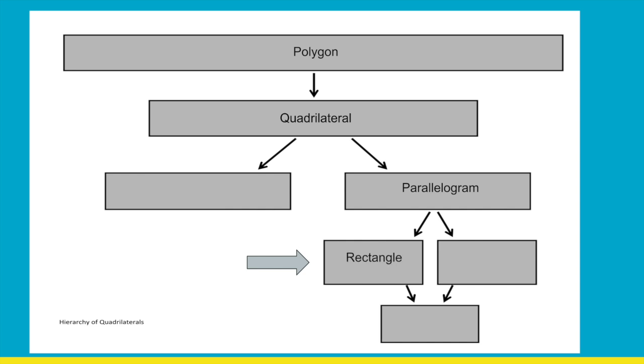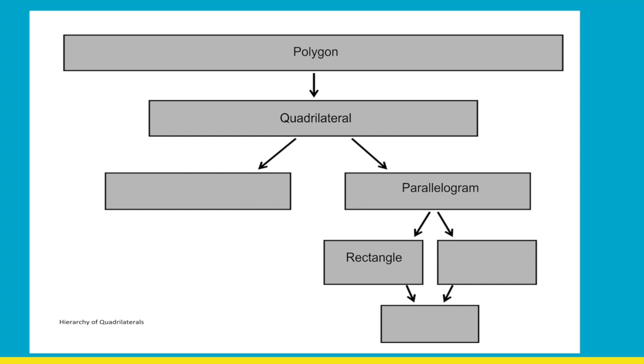A rectangle is a closed shape with straight sides that has 4 sides, 4 vertices, 2 pair of parallel lines, but then it also has opposite sides that are congruent and 4 right angles. When I'm saying opposite sides are congruent, I mean this side is the same as this side, and this side is the same as this side.